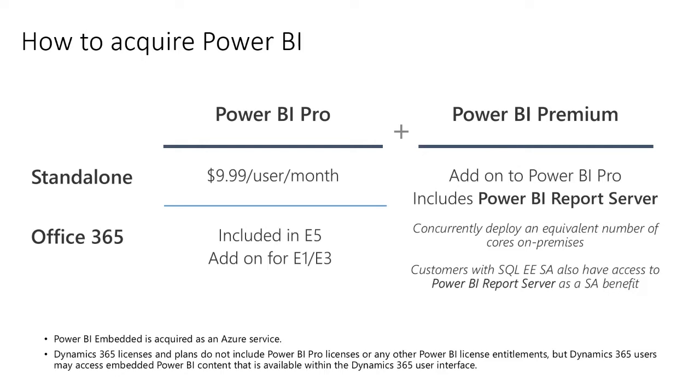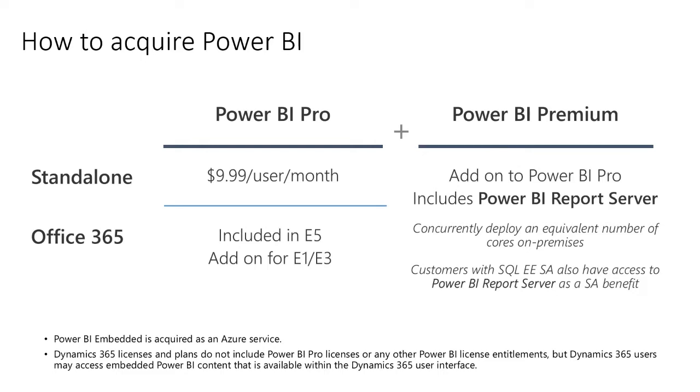Other organizations that don't meet the requirements to be in the enterprise agreement would buy either from a cloud solution provider or from the regular partners that we have at Microsoft. Then you have the Power BI Premium that I talked about. You can have this as an add-on on the Power BI Pro.